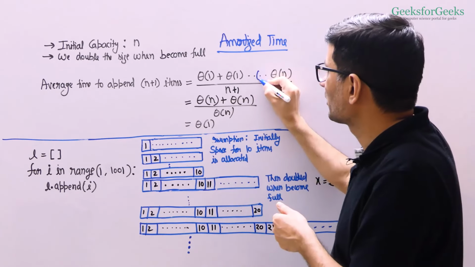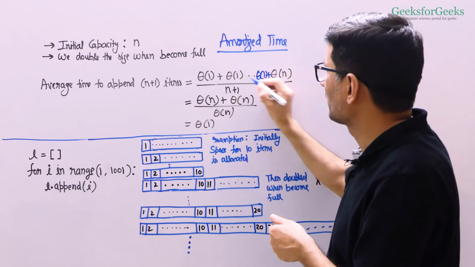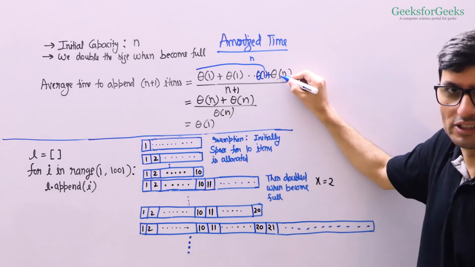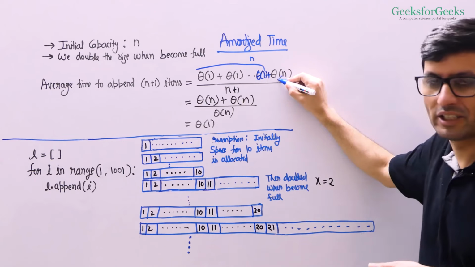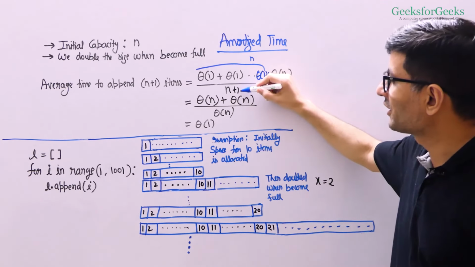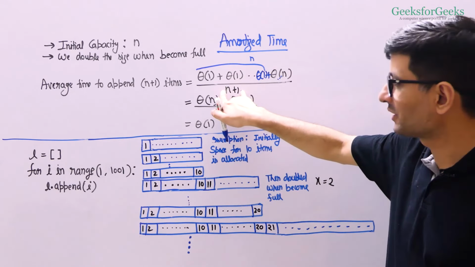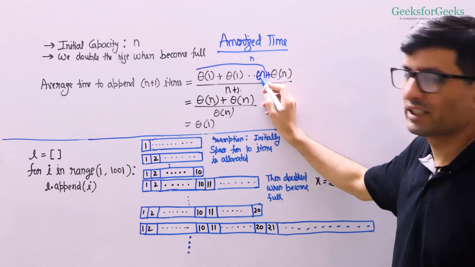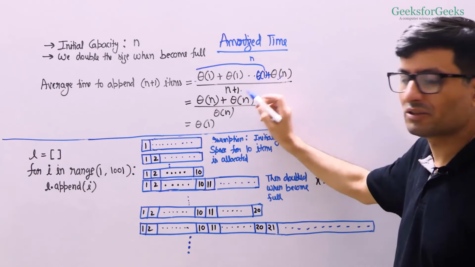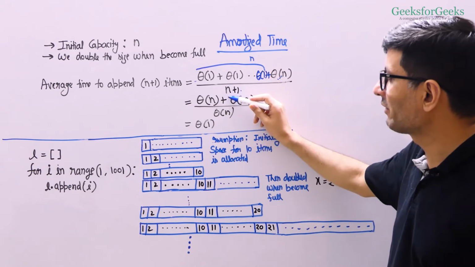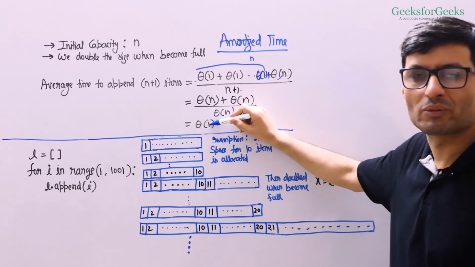So there are n terms of theta 1, and then the last insertion, the last append, is going to take theta n time, and the total insertions that we did was n plus 1. So we divide the total time by the total number of insertions, and this sum is theta n clearly, right? n times theta 1, so theta n. Now theta n plus theta n is theta n, and we divide theta n by theta n, and we get the time complexity as theta 1.